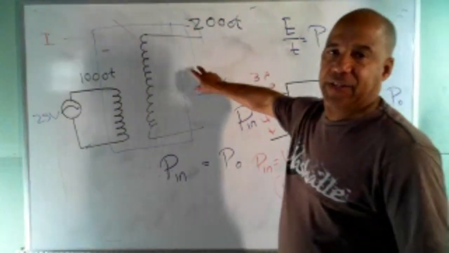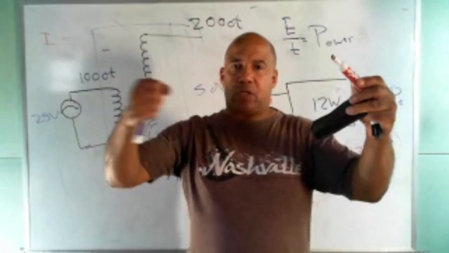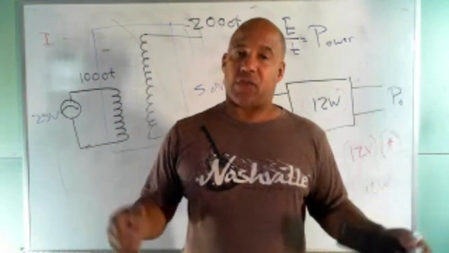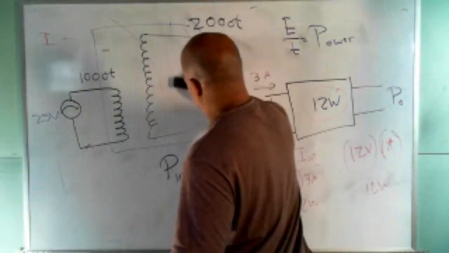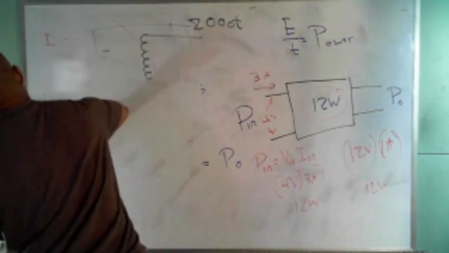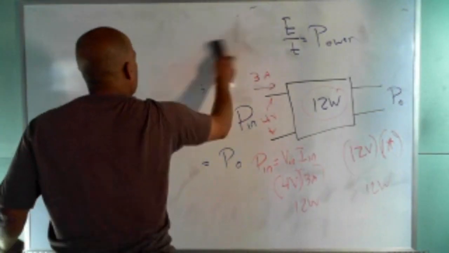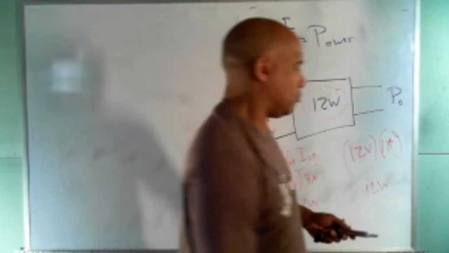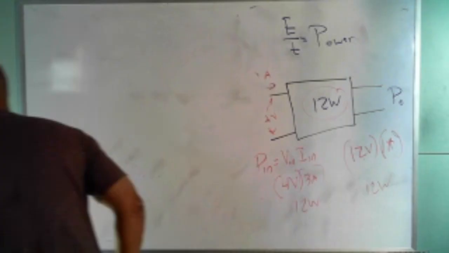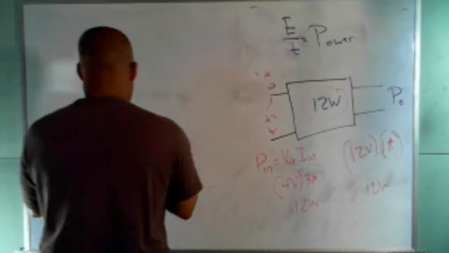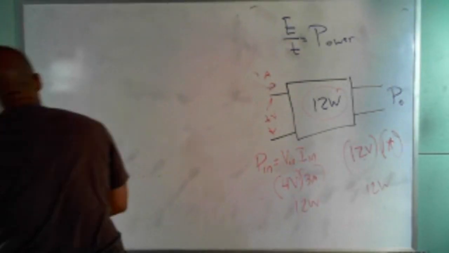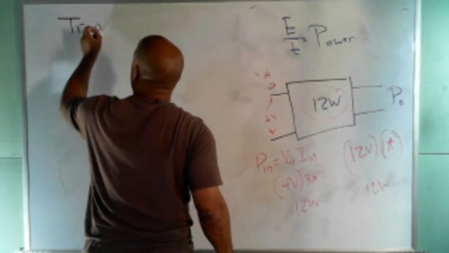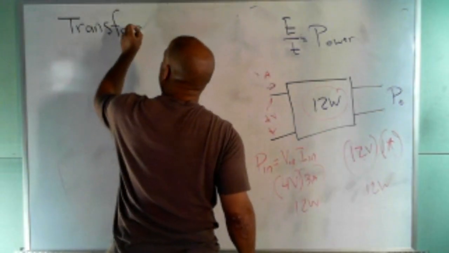So there's a name for this system. When you take two coils and you let one coil link the second one with the magnetic field, it's called a transformer. Let me draw the picture a little bit better. A transformer. Write that down. Transformers.